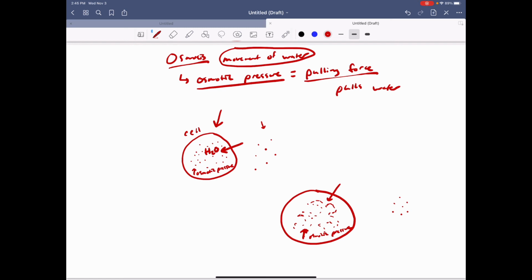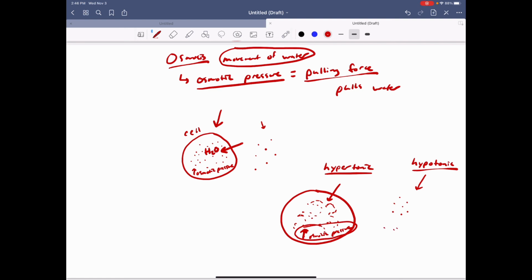We already know that because it has a high osmotic pressure. Okay, so we know it has more solutes inside this cell. Well, we are going to call this hypertonic. Okay? And then in this compartment, just in this space here, okay, this has less solutes than what's inside that cell. So it would be hypotonic. And that is pretty much the basis of osmosis, okay?